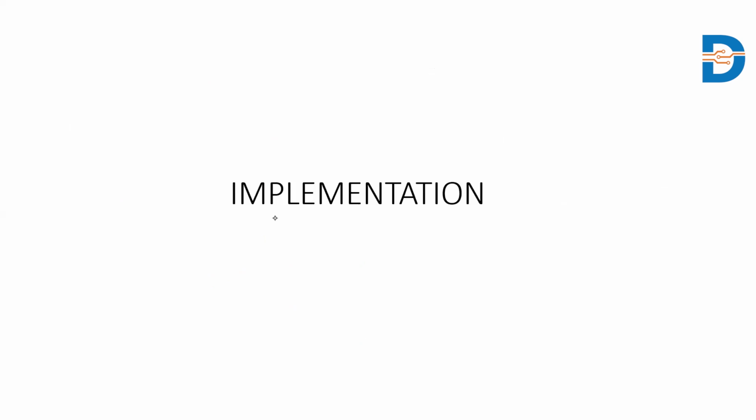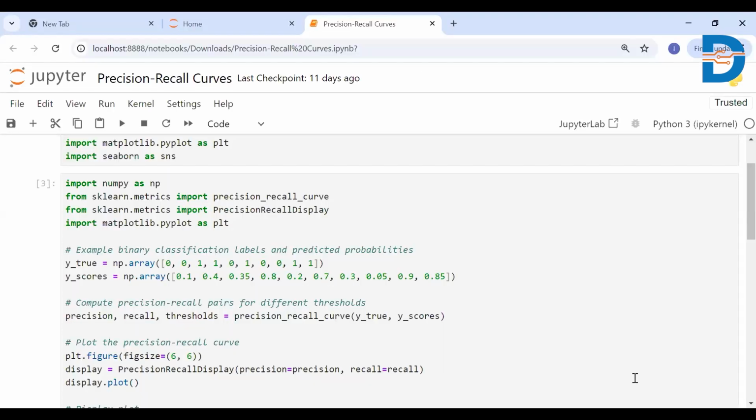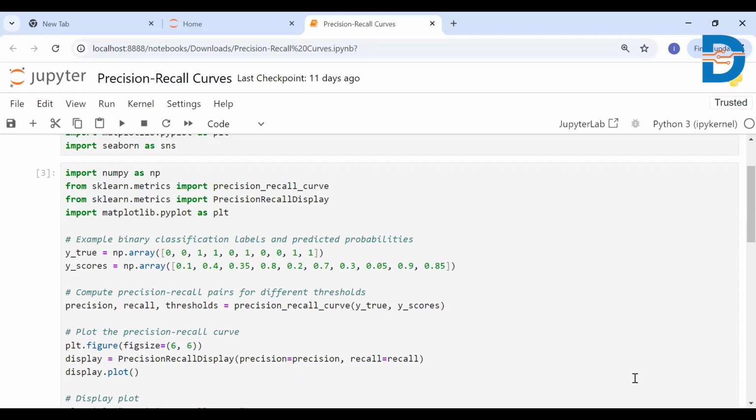For implementing, I've taken small values, the actual labels, which I've labeled as y_true. For the predicted values, I have not taken the predicted labels; rather, I have limited myself to the range of probabilities. The range of probabilities, or the sigmoidal conversion values, is taken because it is easy for the model to be evaluated at different thresholds when we have probability values.